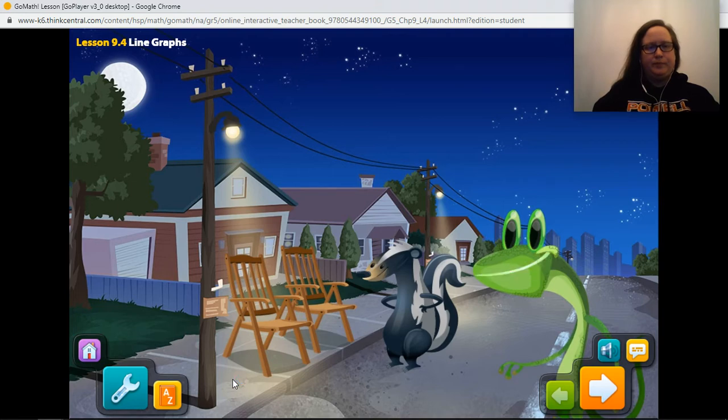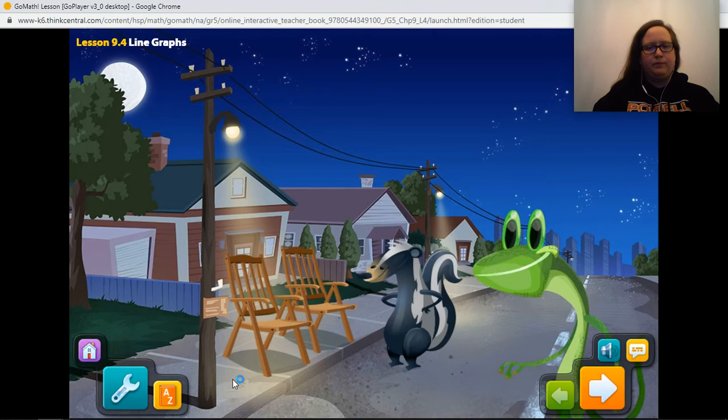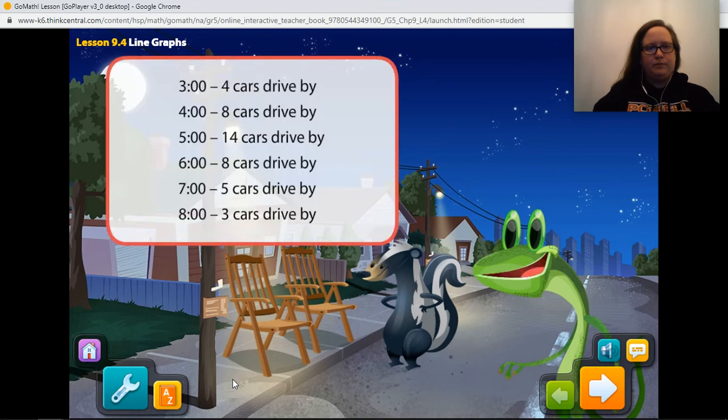Hey there! Sasha and I have been watching the traffic on Talbot Avenue. We are counting the number of cars that pass each hour. We noted the number of cars driving by each hour, starting with the hour leading to 3 o'clock and going to 8 o'clock.